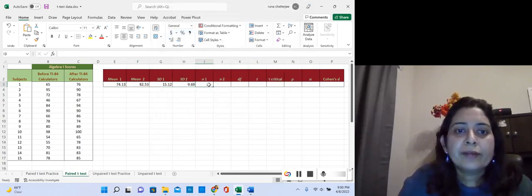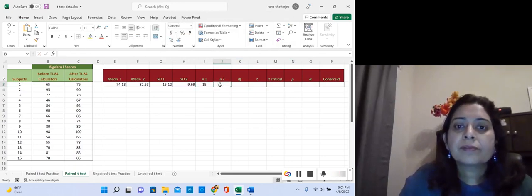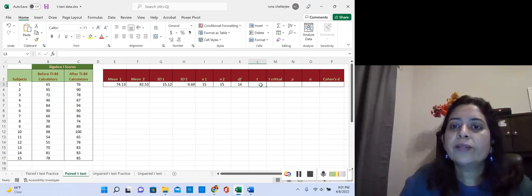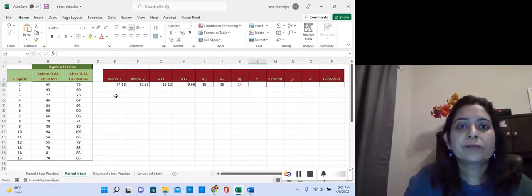We have 15 students in both the set of data. Degree of freedom n-1 is 14. And now we are ready to calculate the t-value.